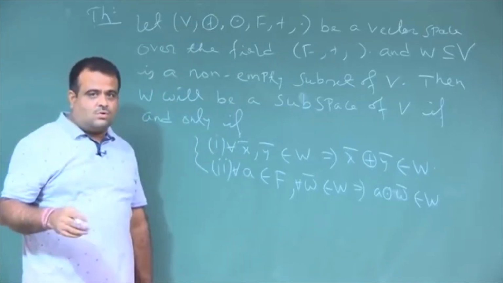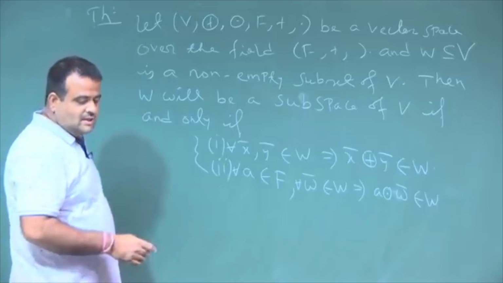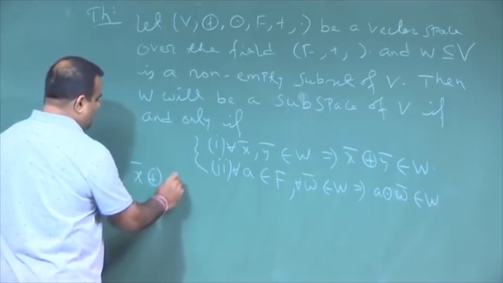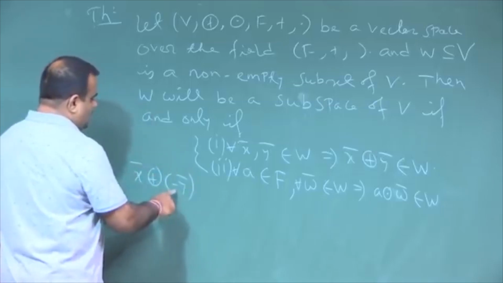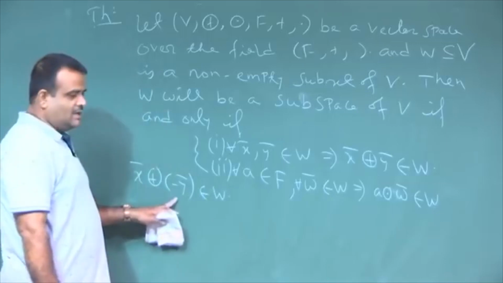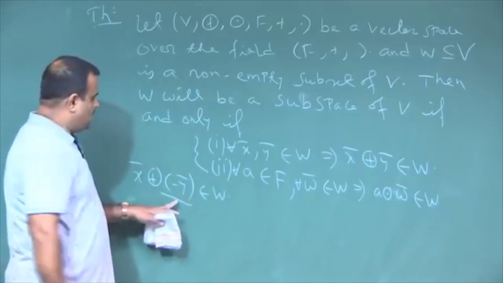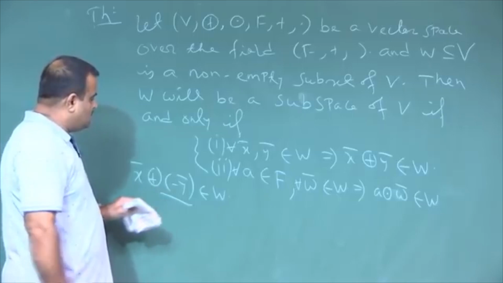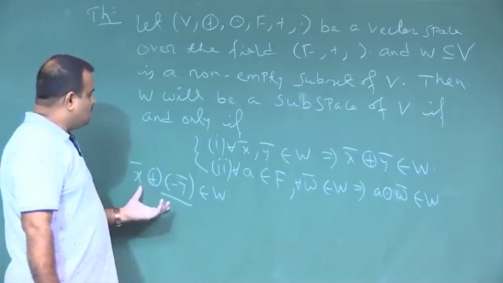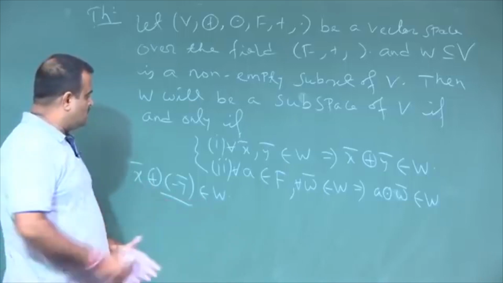We have a theorem for groups: if we can show that for any x, y belonging to W, x plus the inverse of y belongs to W, then W is a subgroup of this.